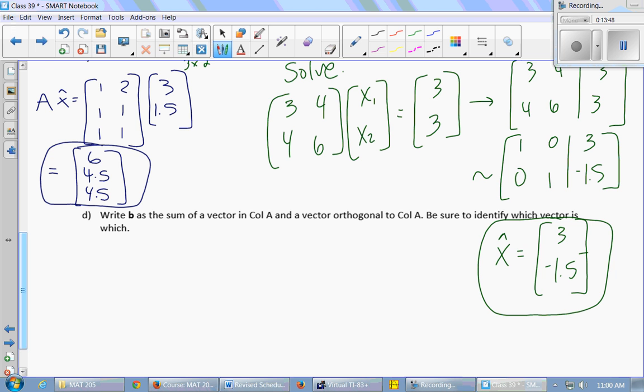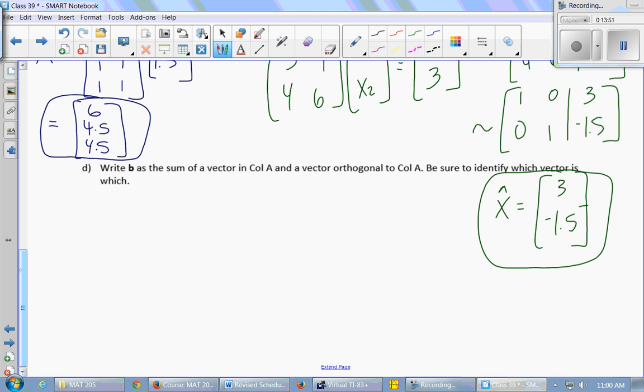But before I do that, I want to write B as the sum of a vector in col A and a vector orthogonal to col A. Right. So that means I'm looking for B hat, right? This is like what we did last class. I asked you to do this kind of thing many times, except instead of col A, I wrote W. So I'm trying to write B as B hat plus Z. So remember that from last class.